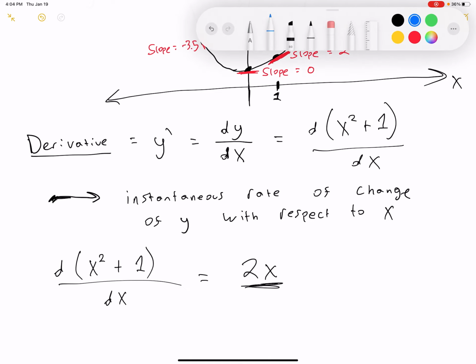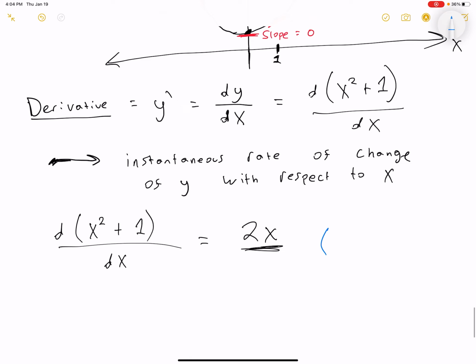And for rules for calculating derivatives, see calculus class for derivative rules.